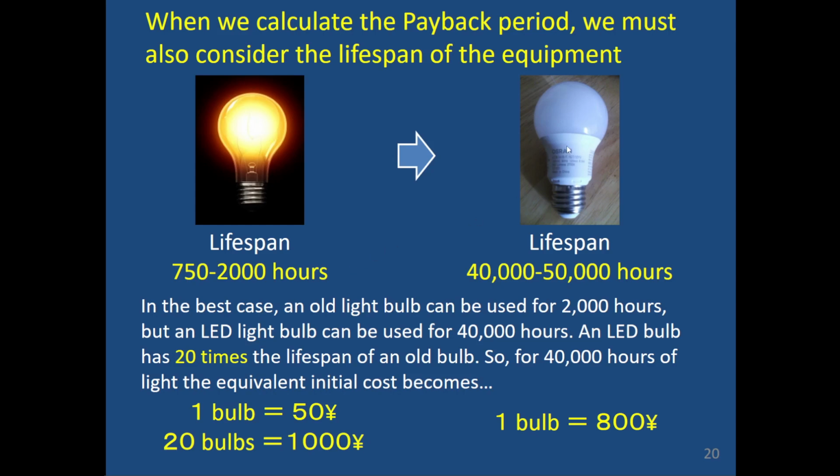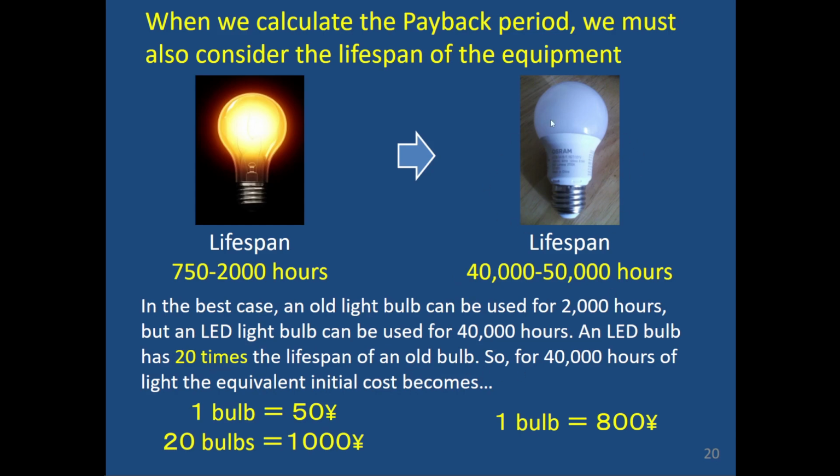But an LED light bulb lifespan is much longer, 40,000 or maybe 50,000 hours. So let's be fair and let's use the best case. Let's say the best case for an old style bulb is 2,000 hours lifespan, and we'll use the shortest case, 40,000 hours lifespan for the LED. So that's 20 times the lifespan of an old bulb.